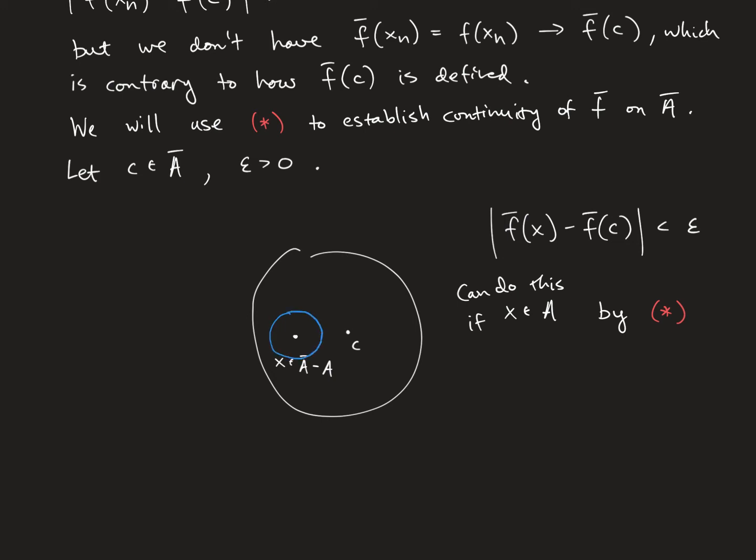Or to say it another way, this means that X is a limit point of A. So there's going to be, say, Z. So this Z here is in A. If we have this X in whatever ball around C, whatever size delta ball we decide to pick, inside that ball we can draw a ball around this X which stays in that ball.